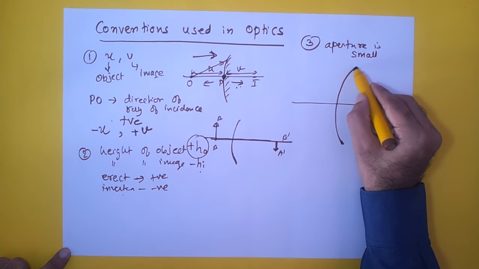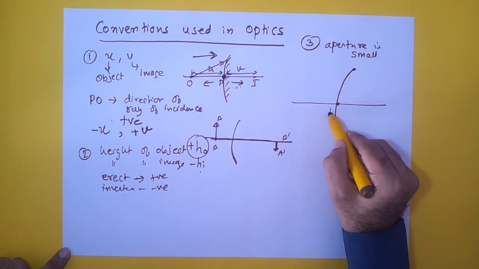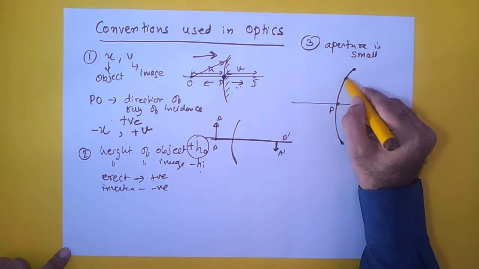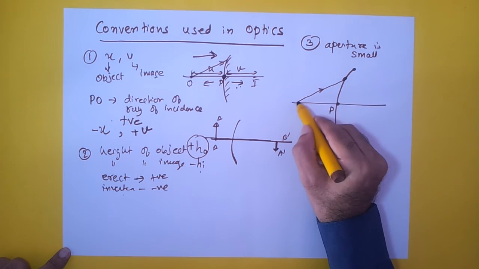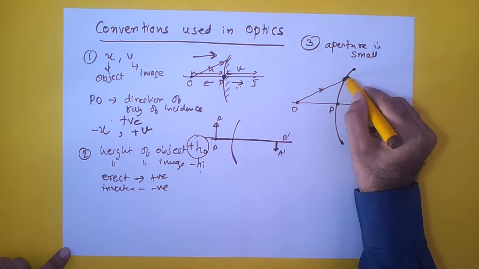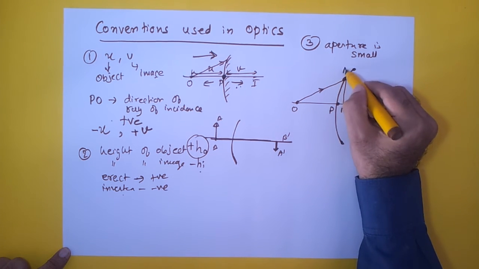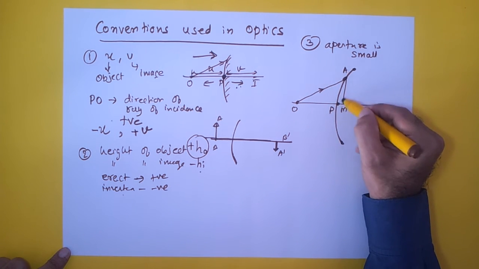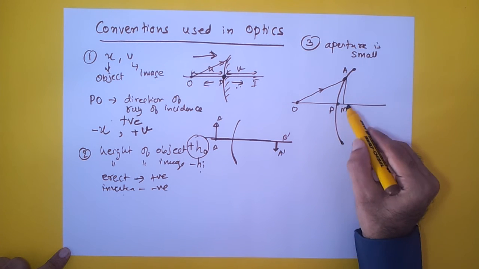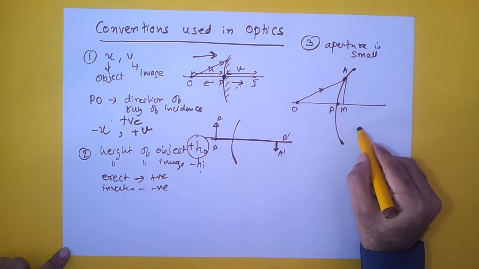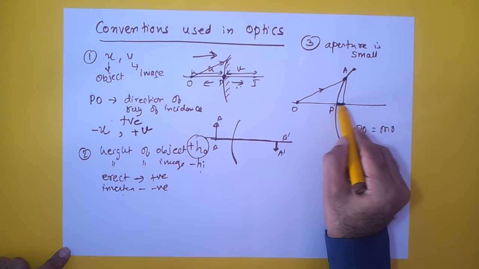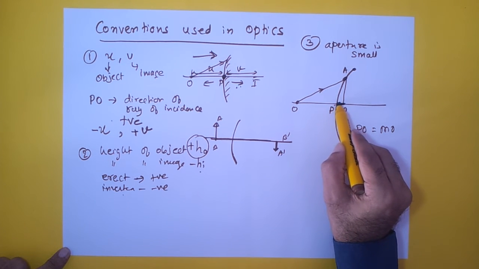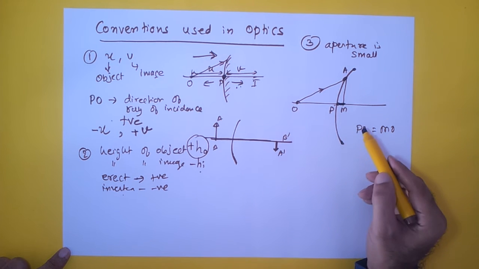If this is, say, P, the point of incidence, say a ray of light is starting from an object and going over here. We drop a perpendicular M over here. If the aperture is small, if this distance is very, very small, then I can say that PO is equal to MO, because this distance will be extremely small. So I can assume that PO is equal to MO.